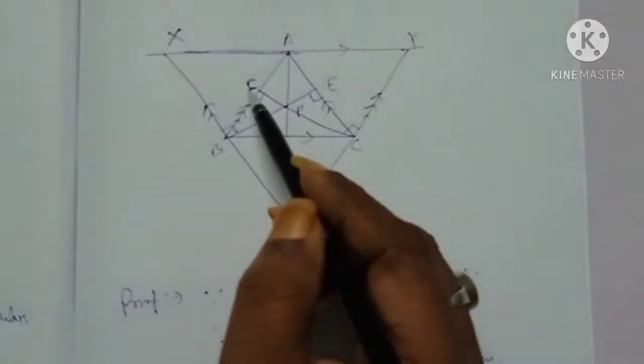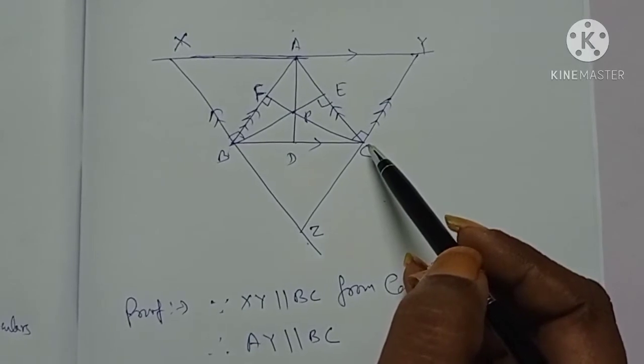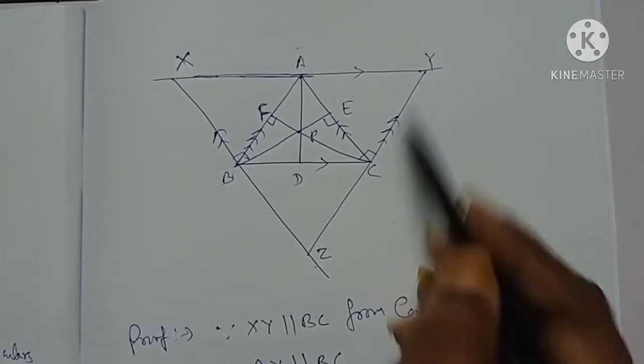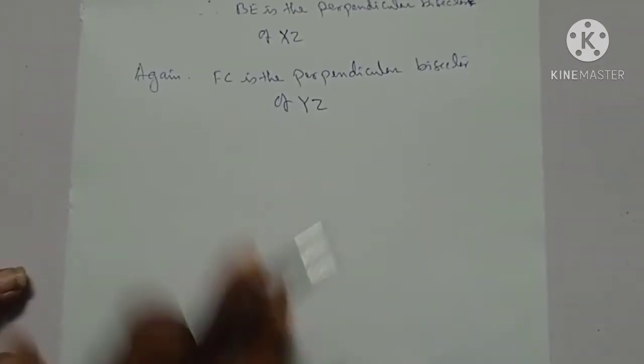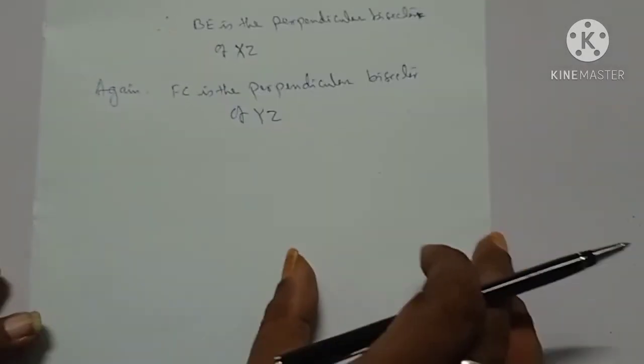So I can say that CF is the perpendicular bisector of YZ.